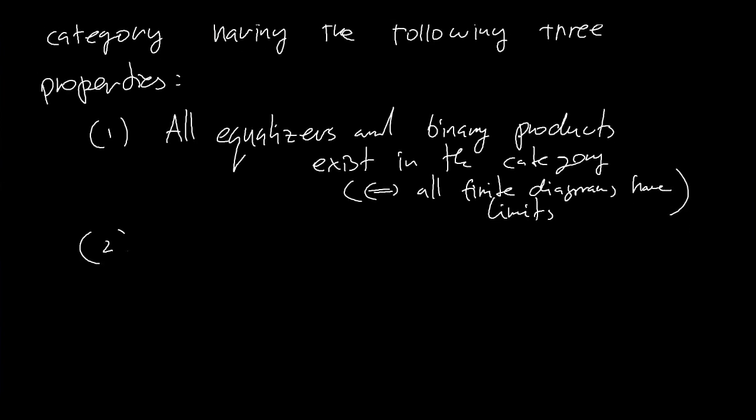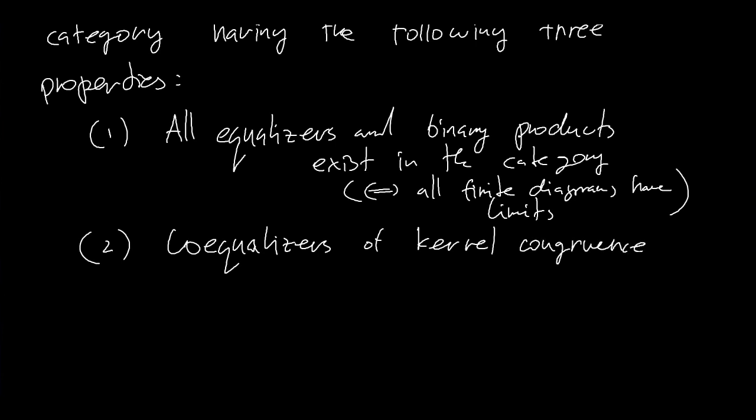And second property, that coequalizers, not of all, but only of congruences. Sorry, of kernel congruences exist. And third is that coequalizers of kernel congruences are stable under pullback. That is the condition that we use in our theorem.